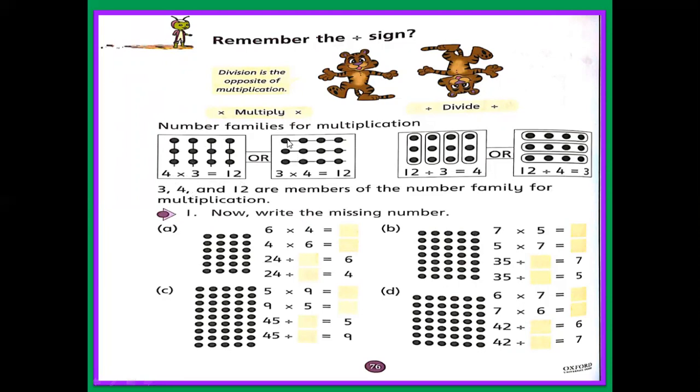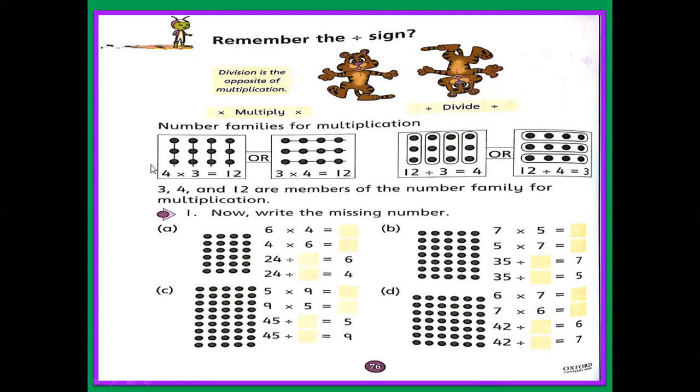Or 1 2 3 rows multiply 1 2 3 4 columns. 3 into 4 is 12. Now total 12: 1 2 3 4 5 6 7 8 9 10 11 12, divided by 3 is equal to 4.